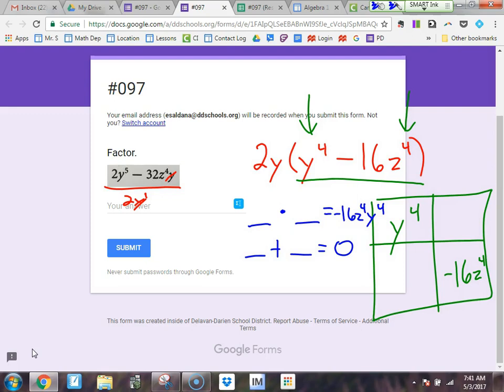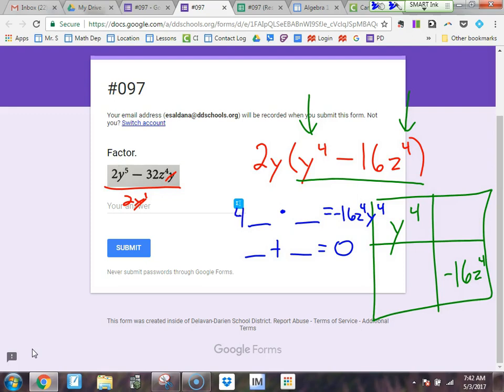They're going to have to be exactly the same, only opposite, right? 2 and negative 2, if added together, would give me 0. 6 and negative 6 added together would give me 0. Any ideas of what 2 numbers would multiply together to give me negative 16 that would add to give me 0? Yeah? 4 and negative 4. It has to be, right? You tried 8 and negative 2, those wouldn't add to give me 0. But 4 and negative 4 works as far as the numbers go.